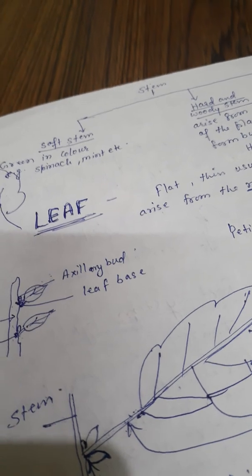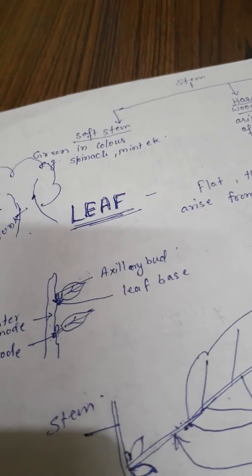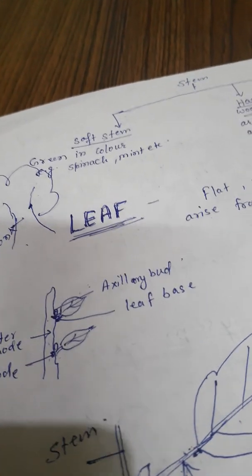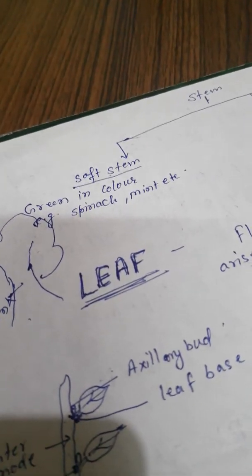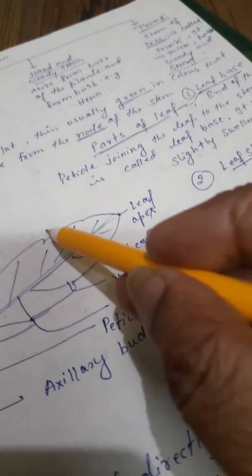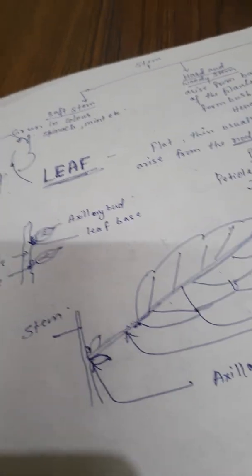Third, leaf blade or lamina. This broad part is leaf blade or lamina.